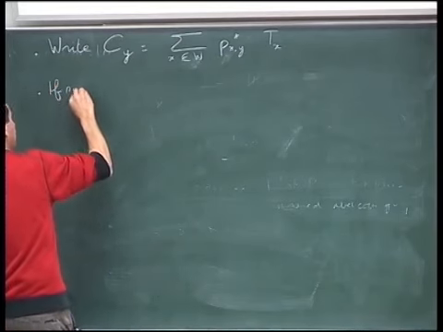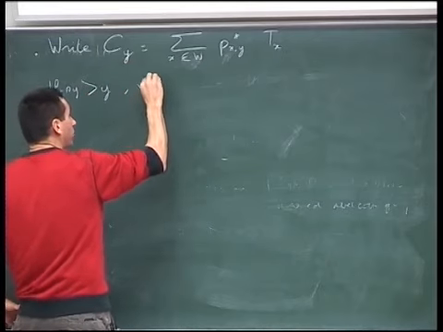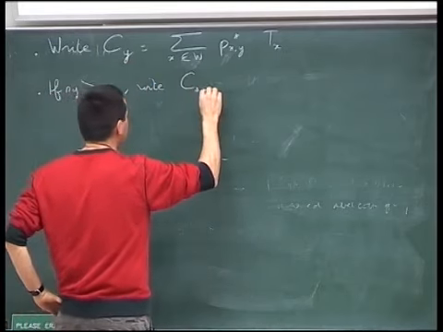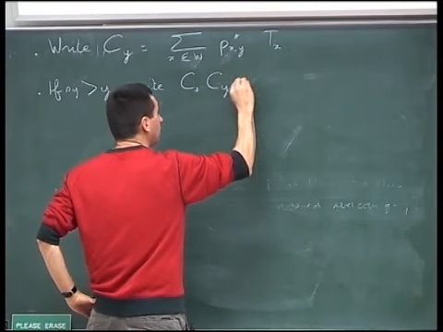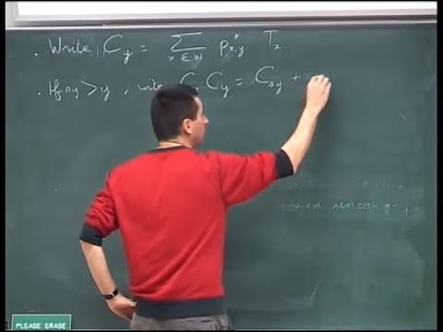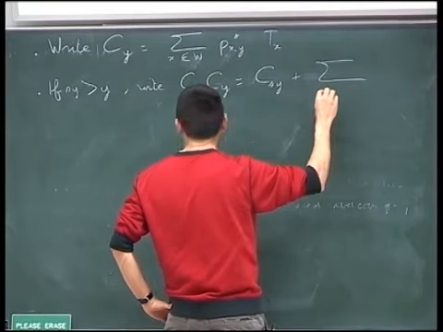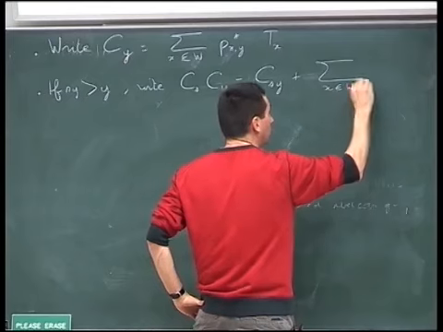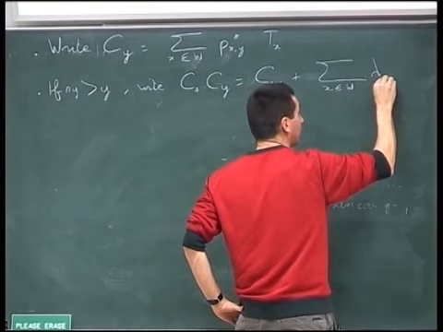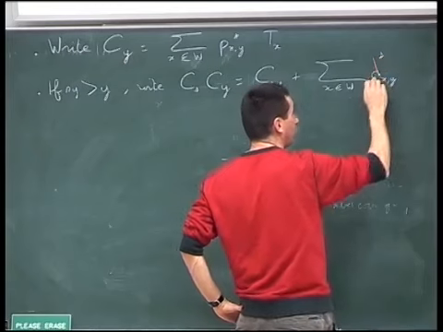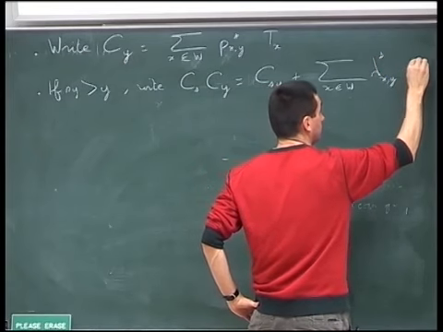If sy is greater than y, write Cs Cy is equal to Csy plus a sum for x in W of some coefficient that we call lambda x, y, s, for lambda for left, Cx.